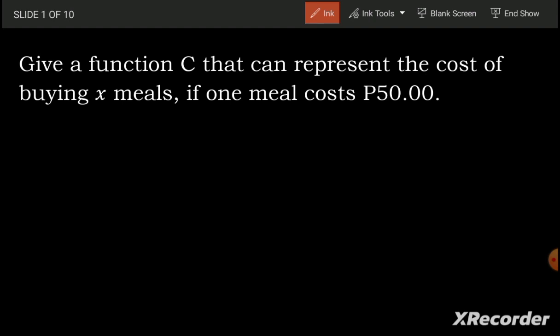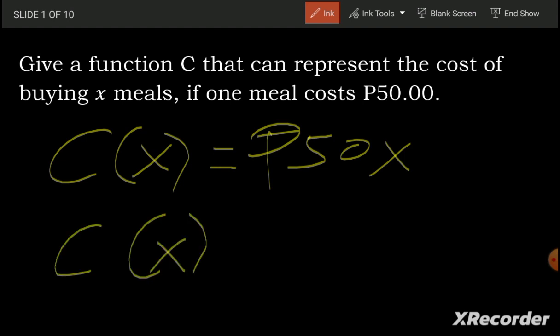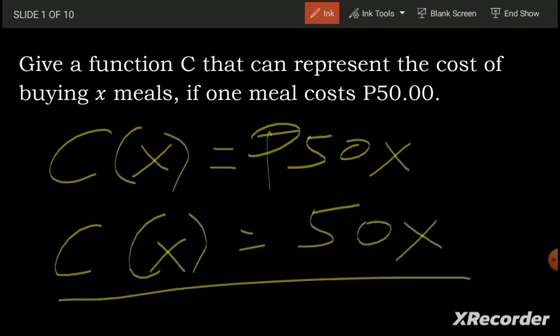To represent this situation with a function, we have c of x is equal to 50 pesos times x. But we can just write 50 pesos as 50x. So this is the function.